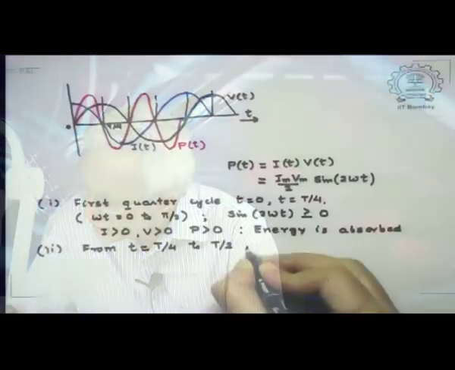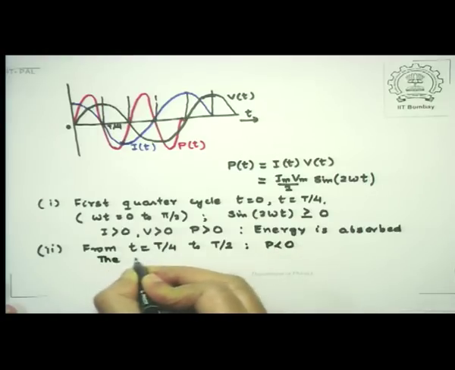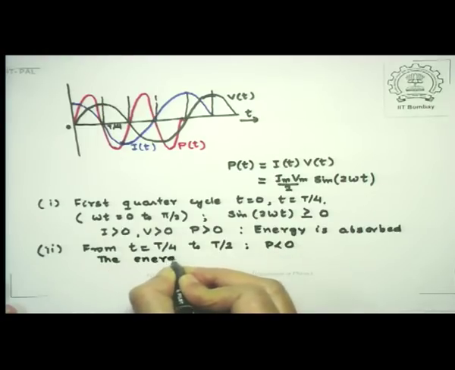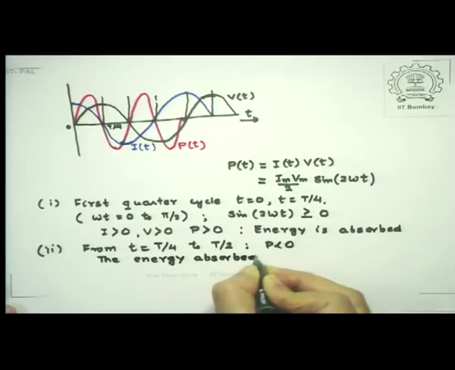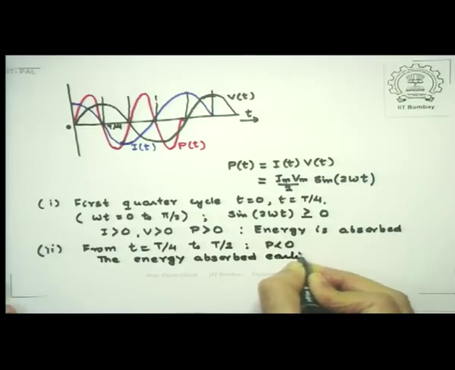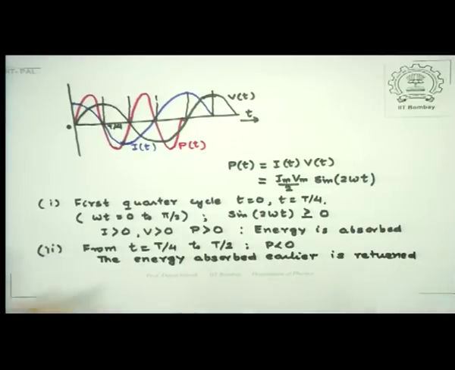And so here P is less than 0, the energy absorbed earlier is returned. And the same thing is repeated in the third and the fourth quarter cycle. Namely, in the third quarter cycle, the energy is absorbed, and in the fourth, it is returned back again.